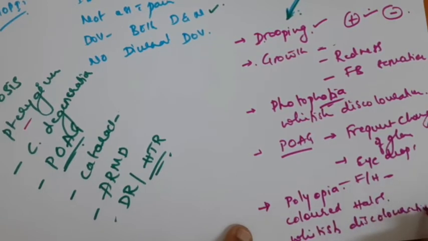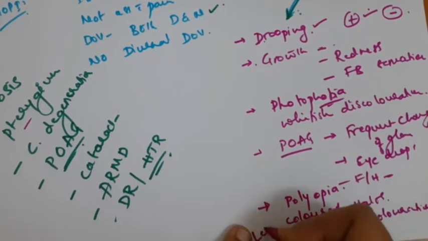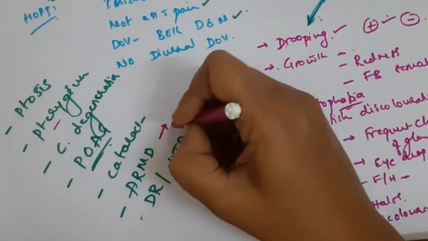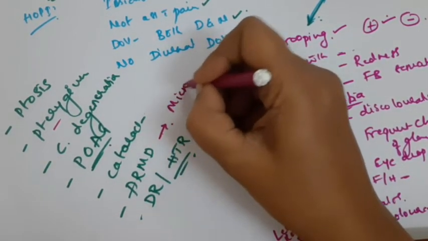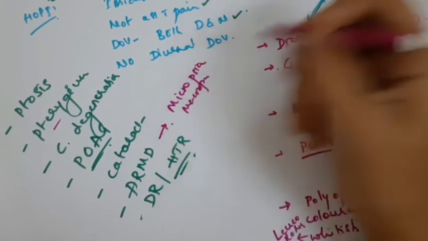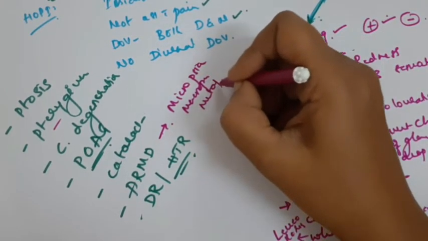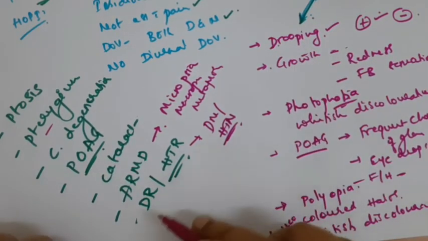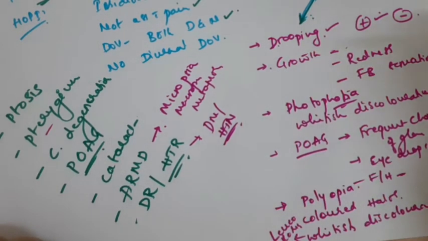This is seen in case of mature cataracts, where the patient will just tell that there is whitish discoloration, also called leukocoria. If you want to rule out ARMD, ask questions of micropsia, macropsia or metamorphopsia. In diabetic retinopathy or hypertensive retinopathy, the patient will give a history of diabetes mellitus or hypertension.